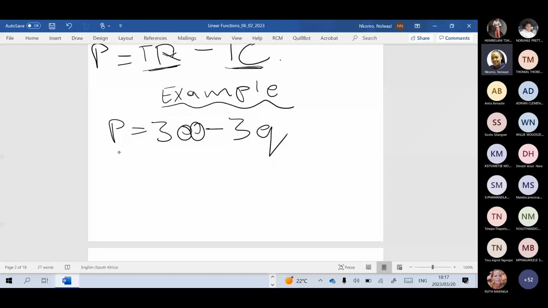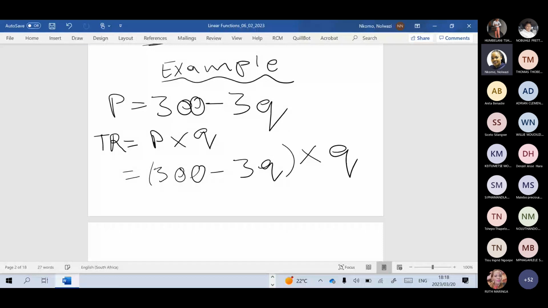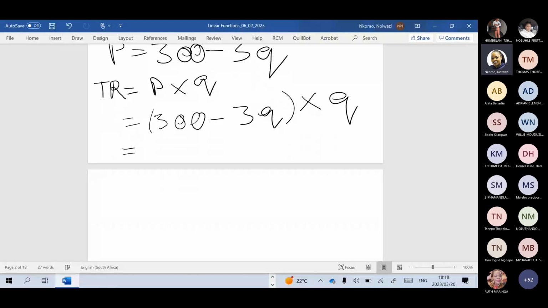And our demand, our P, is given as 300 minus 3Q, and then we multiply with our quantity, right? And if we do that, we will have 300Q minus 3Q squared.